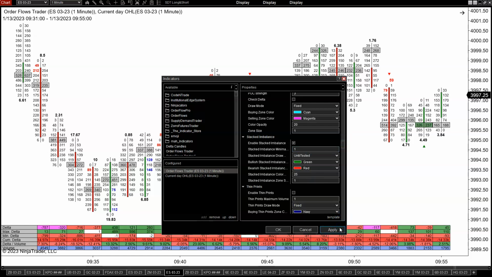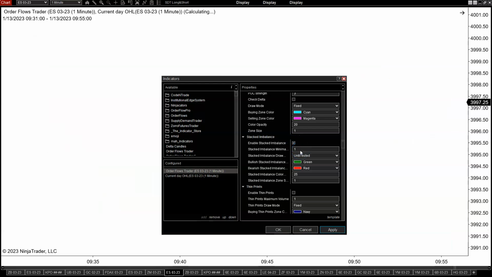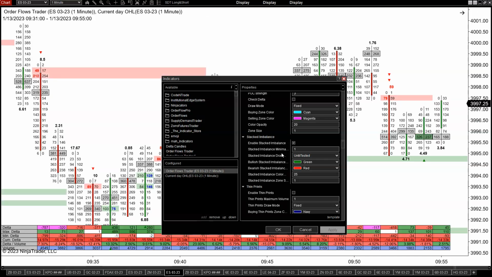So if you just have one imbalance out there that hasn't been retraced back into in the next bar, it will give me a potential area that I'd be looking for the market to come back to.